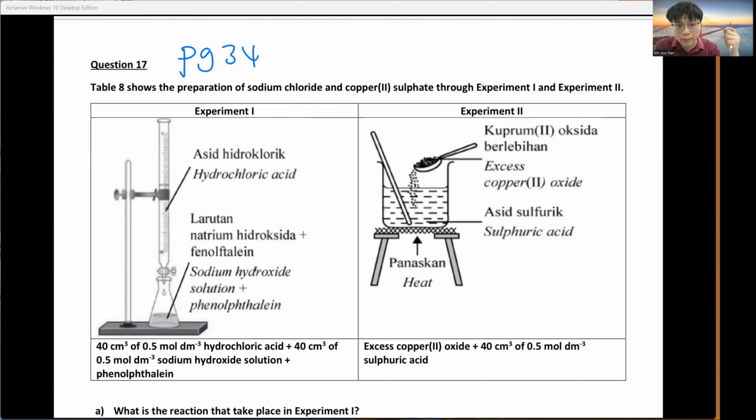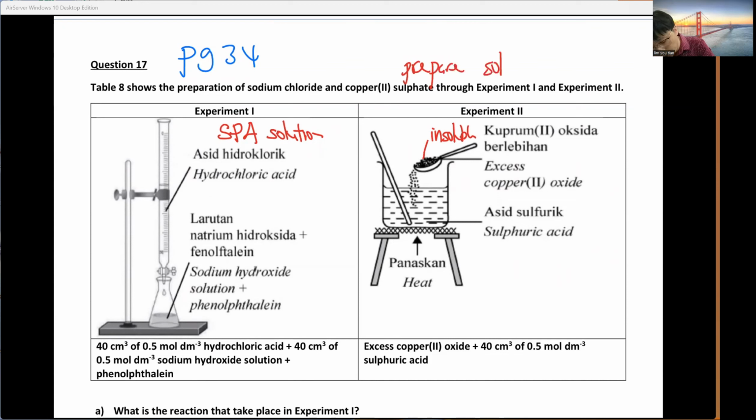Now this one is method number 1, to prepare a salt. You need to analyze this carefully. You can see this one has an insoluble solid, so it is to prepare a soluble salt.